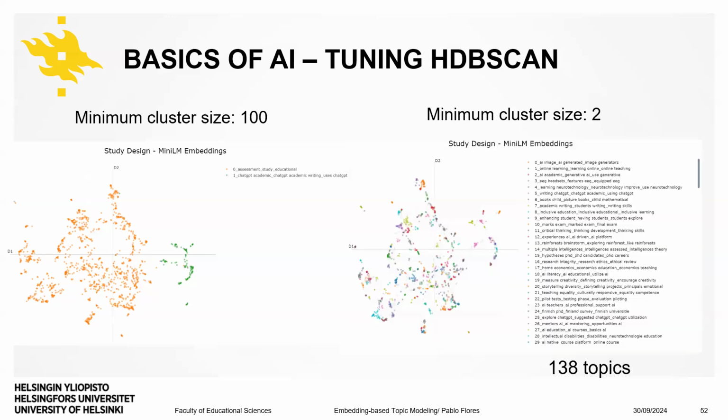Now, if I go to the other extreme, a very small cluster size, then I have a total of 138 topics and a lot of small clusters. Once you review the clusters, many of them are okay, but it's too granular. For example, the ChatGPT and academic writing, it's loosely defined as GPT and academic writing.